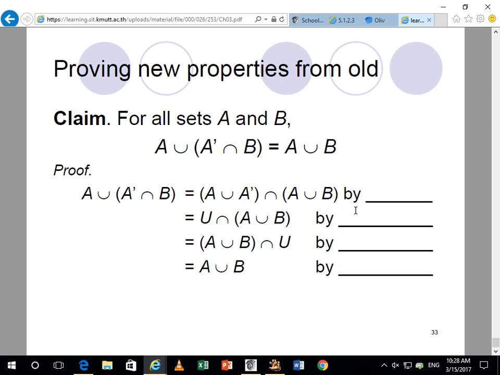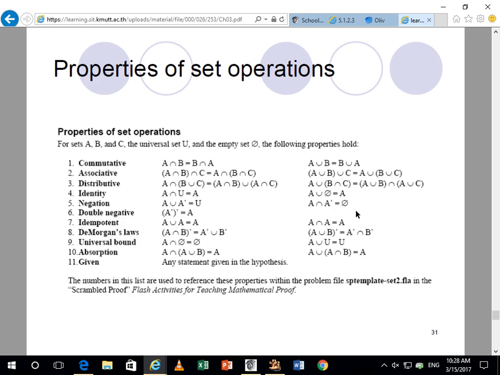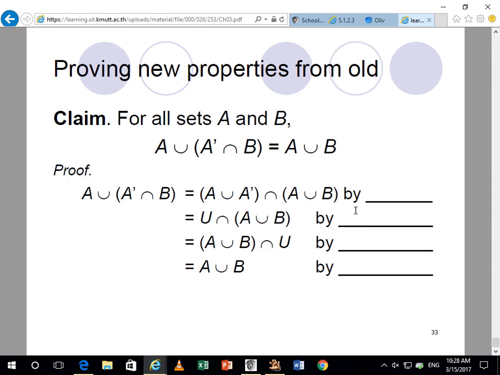Distributive, A union A prime, intersect A union B. So now this is what? A union A prime gives you the universal set. From negation.